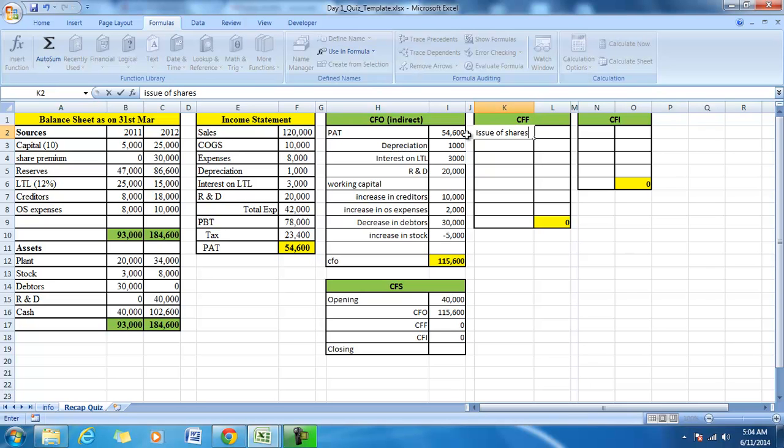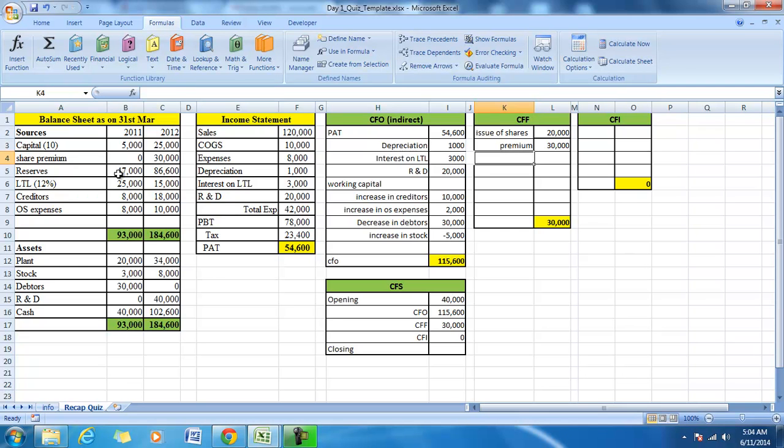So issue of shares during the period is a receipt, 25,000 minus 5,000, and there is a premium, that means the shares have been issued at a premium.